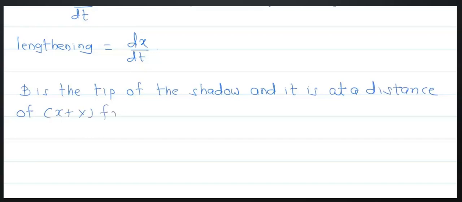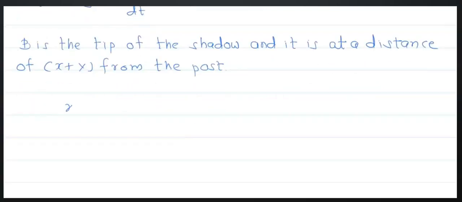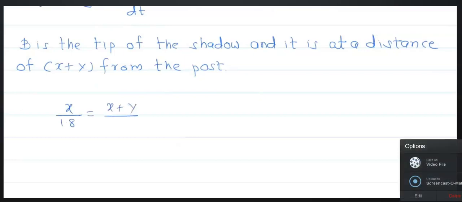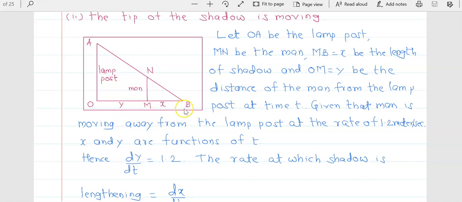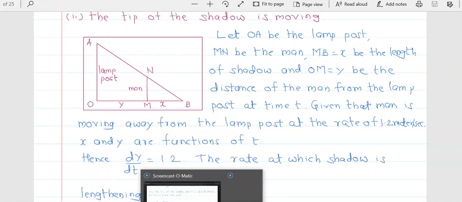B is the tip of the shadow and it is at a distance of x plus y. Yes, it's clear that this distance is x plus y.